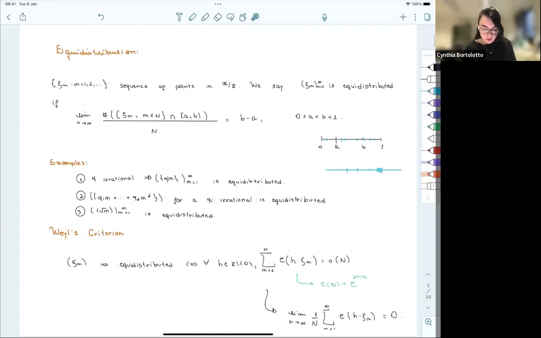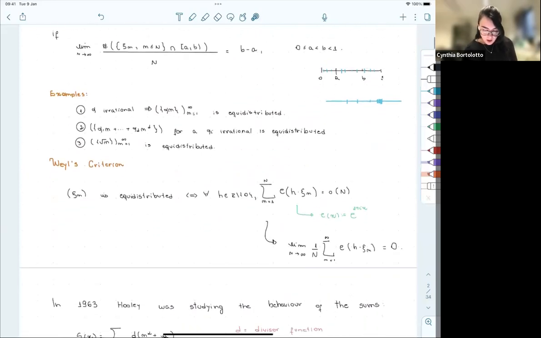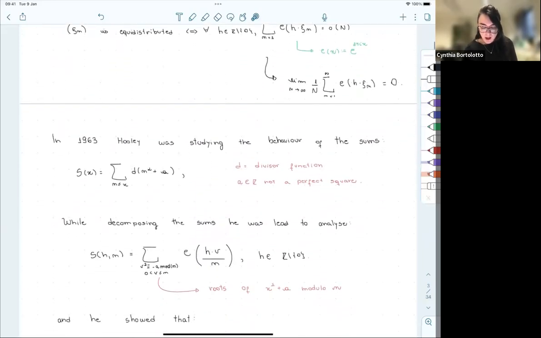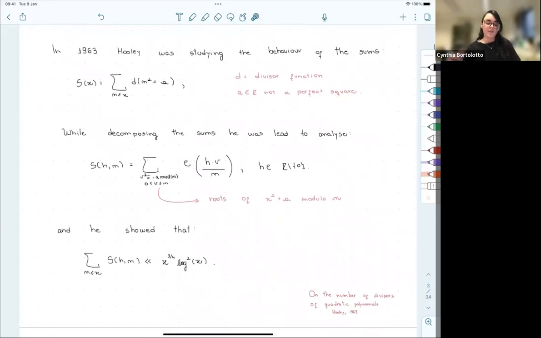And we're going to be studying a very specific sequence. Our story of why we're studying this sequence starts in 1963, when Hooley was studying the behavior of these sums: we sum up to x, for every n, the divisor function evaluated at n squared plus a.